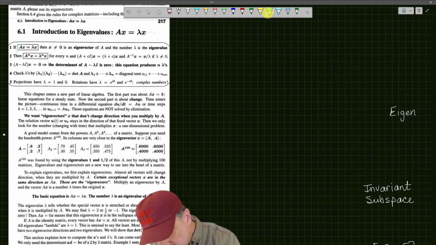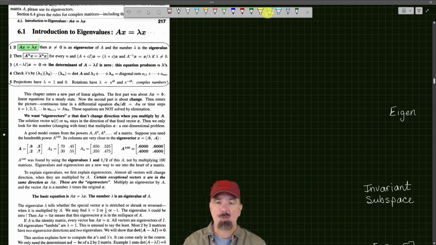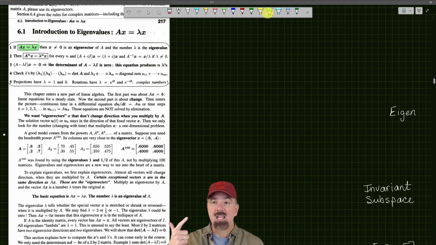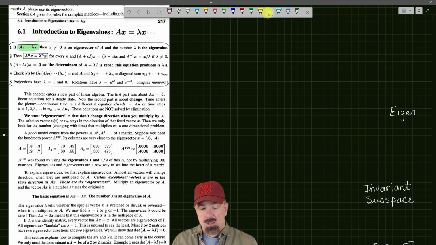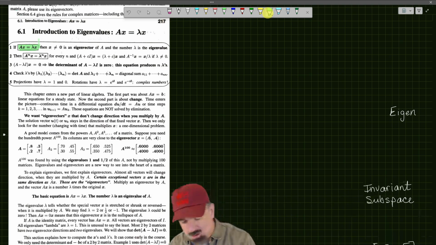So again, this is the definition, and we will talk at length about what it means and how we do the calculations. The second item that he lists here is really an application, and we will emphasize that more in section 6.2. This is where we are going to repeatedly apply the linear transformation.